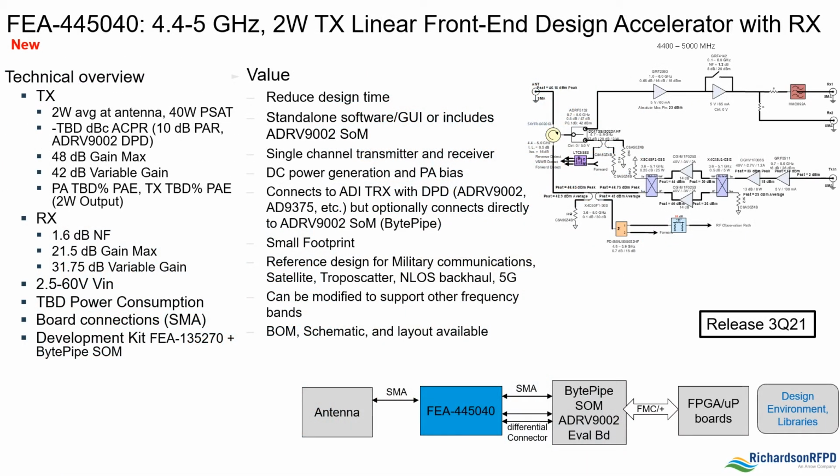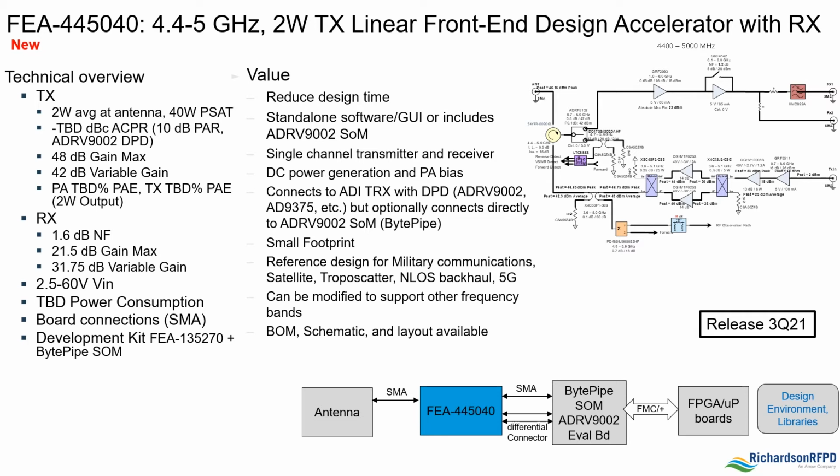To go along with the DE705 and ADRV9002 demo, we're also showing the BitPipe SOM with the FEA-445040, a 4.4 to 5 gigahertz 2-watt linear transmit output with receiver signal chain front-end design accelerator.